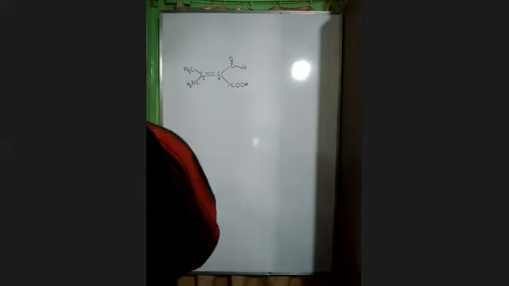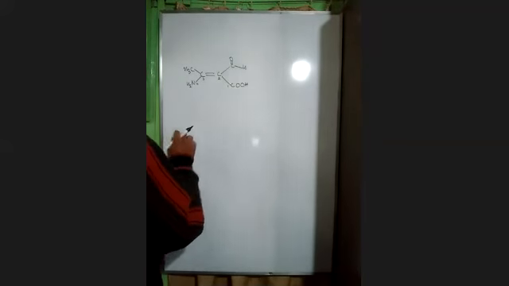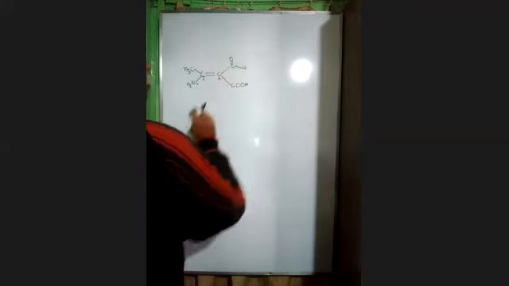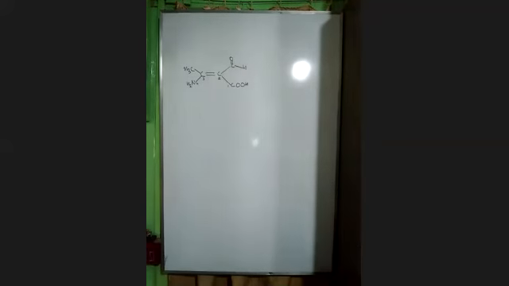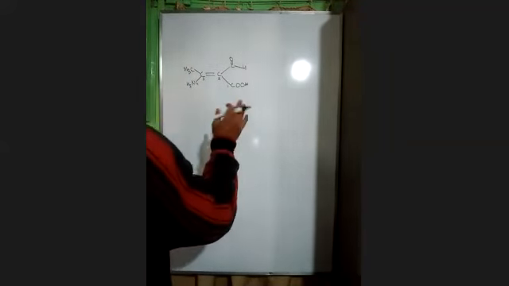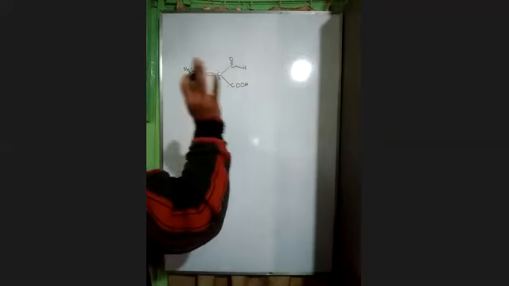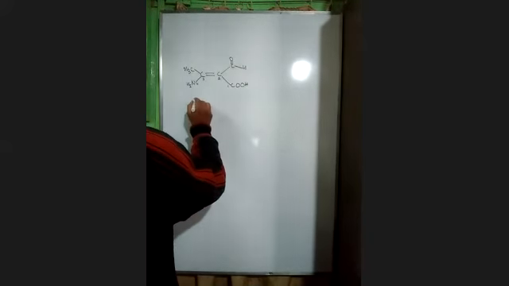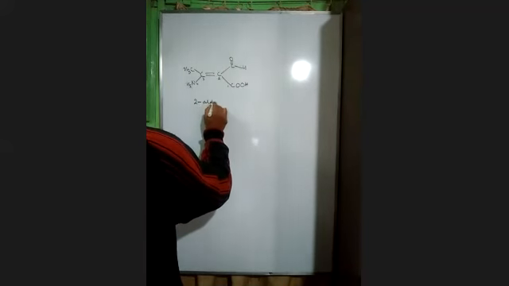So what is the name? Alphabetically, see, we know when aldehyde comes as a substitution, either we call it formyl or aldo. If you want to write aldo, you can write aldo, or you can write formyl. It's up to you. Okay. So let me write here 2-aldo.